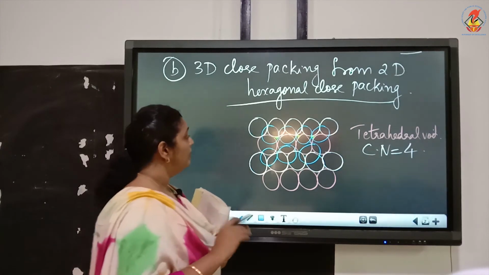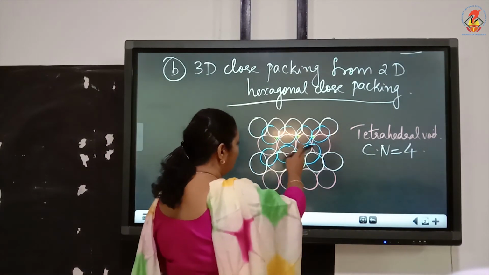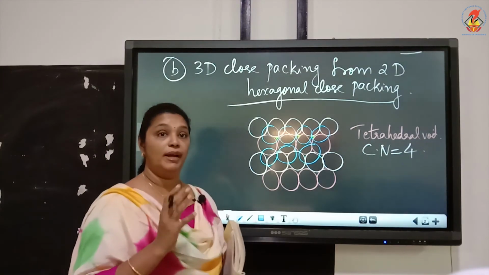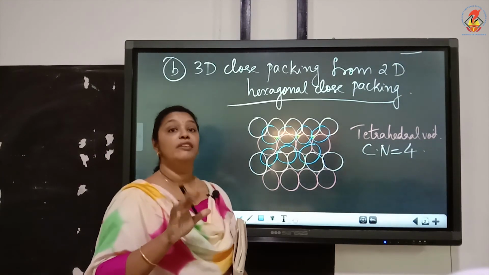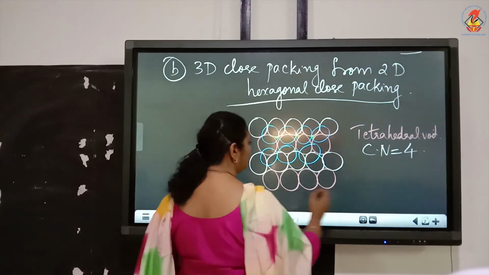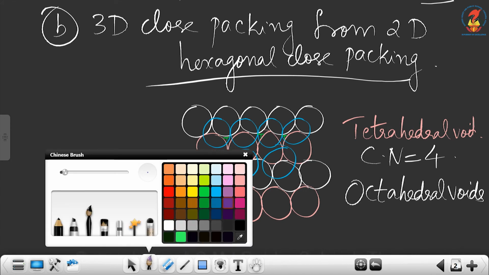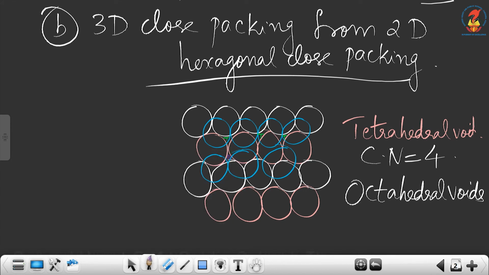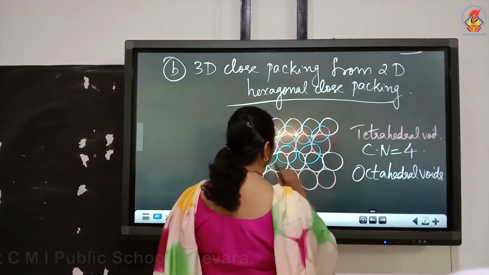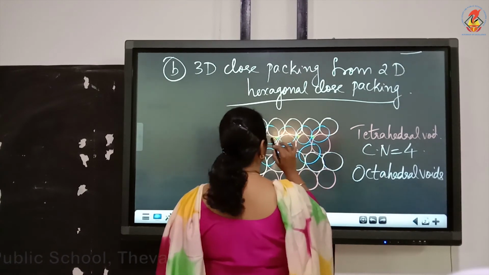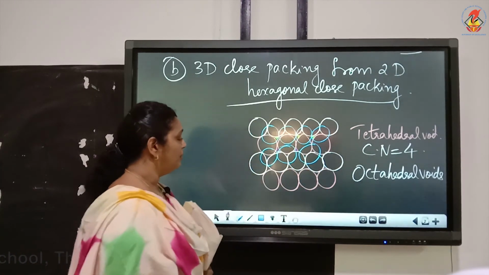Okay. Now next you can see the other voids which are not covered by placing the second layer. We call those voids octahedral voids. So other than tetrahedral voids, the voids which are not covered are called octahedral voids. These are octahedral voids.